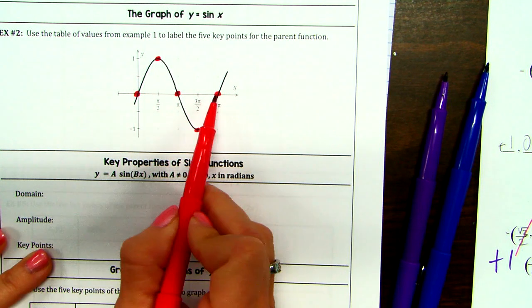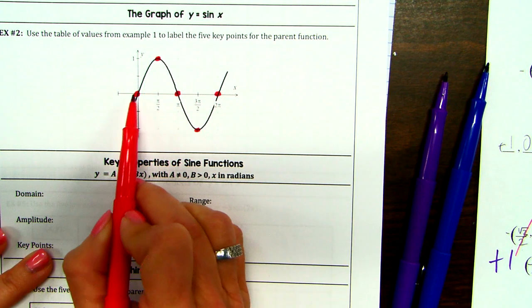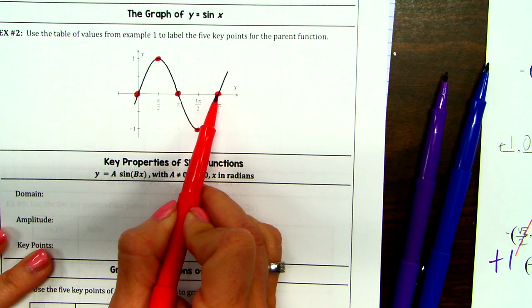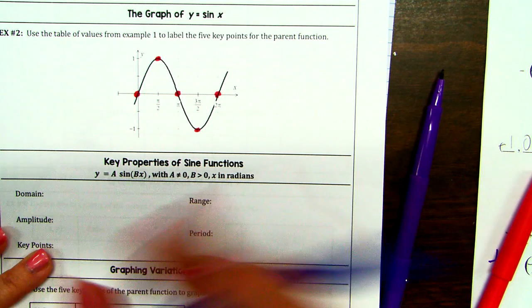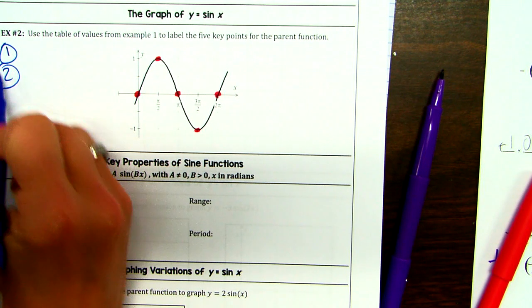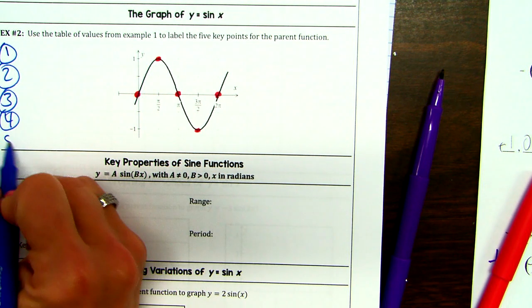What the sine graph is made up of is 3 x-intercepts, a max, and a min. Okay? So 5 key points.